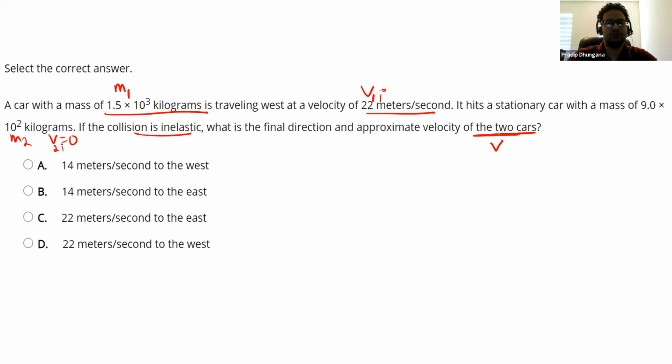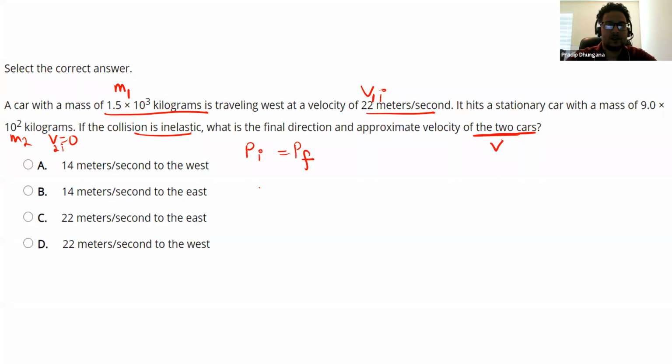It's just like a different subscript, so that we can distinguish initial and final velocity. Let's calculate total initial momentum and total final momentum. In inelastic collision, total momentum of the system is conserved. That means total initial momentum is equal to total final momentum.